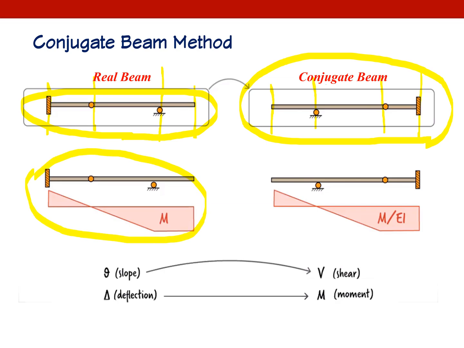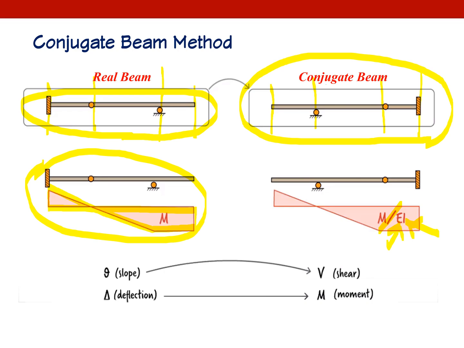And then, okay, again, we are good at drawing the bending moment diagram, right? And the bending moment diagram of the real beam, the shape is exactly the same, but we are going to divide the bending moment value by EI. Again, E is material stiffness and I is cross-sectional stiffness.